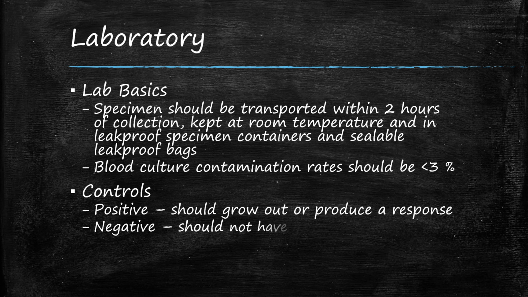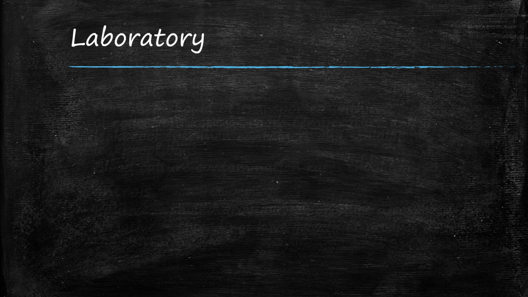You would expect nothing to grow in that. So sometimes you do a negative culture, again, in a microbiology lab. You just pour some agar on a petri dish just to make sure that your agar and your petri dish aren't contaminated and you're getting growth from that. So positive and negative controls.